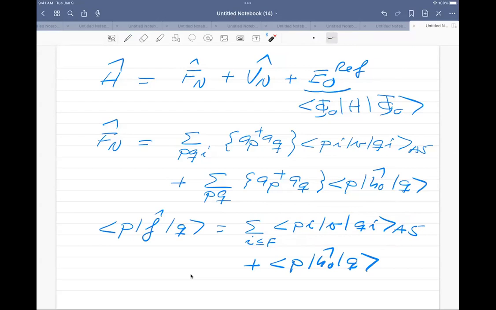This P could be a particle state, or it could be a hole state. And then in addition, we have the contribution from an external potential and kinetic energy, which affect the motion of the particle. So this piece here can contain only kinetic energy, or it could contain an external potential like a harmonic oscillator, which confines the motion of the particles.